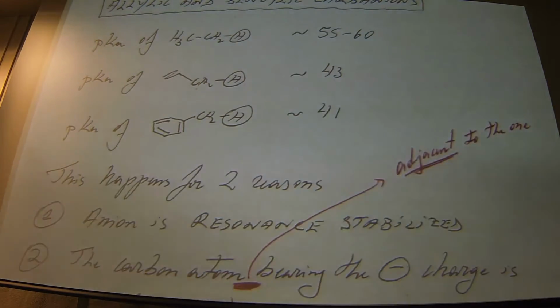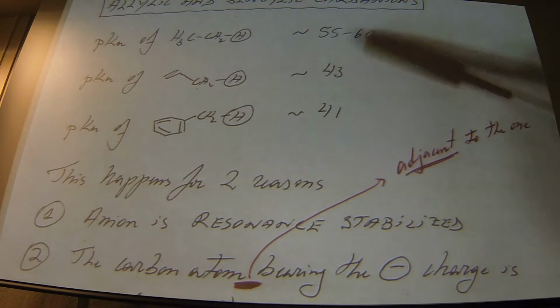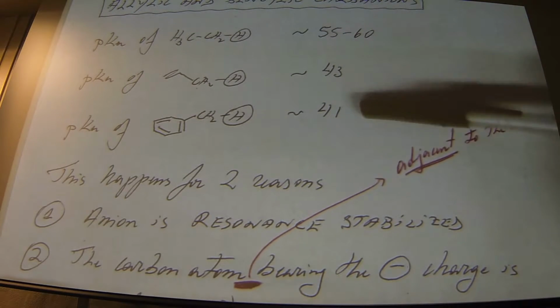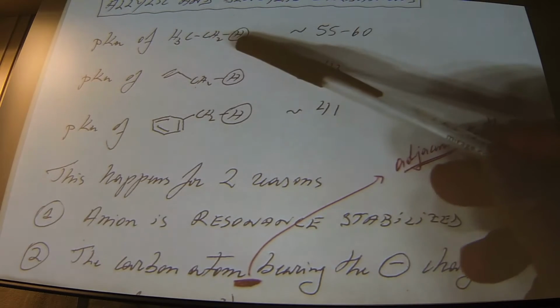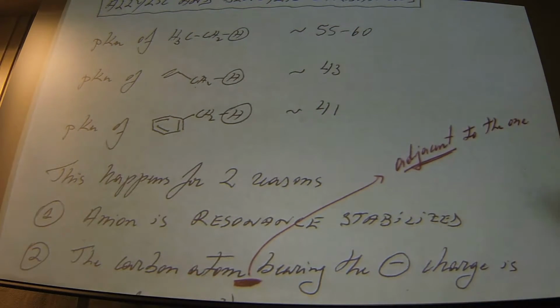Okay, so we talked about allylic and benzylic cations. We talked about allylic and benzylic radicals. So what's left? Well, obviously, allylic and benzylic carbanions. And the situation is always going to be the same, right? And so you can look at the pKa's. The pKa's give a very good indication of what goes on. If I just take ethyl, that proton there has a pKa of 55 or 60.